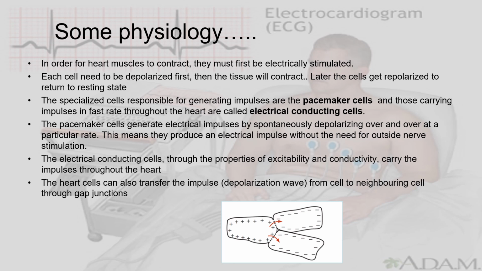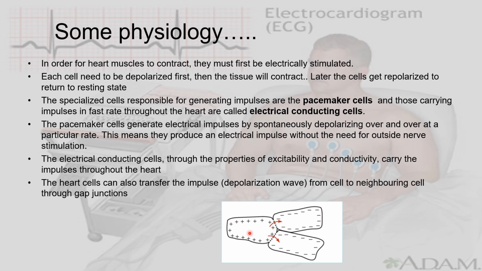And the conduction system, which transfers the impulse quickly inside the heart. So the pacemaker cells can generate impulses by making spontaneous depolarization over and over and over. And they can produce the impulse and transfer it to the other cells. Even without the conduction system of the heart, the cells of the myocardium have connections in between, which we call gap junctions, so they can transfer the impulse between different cells.